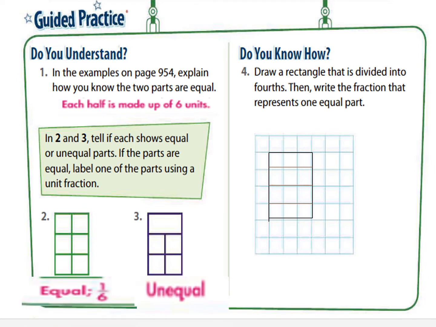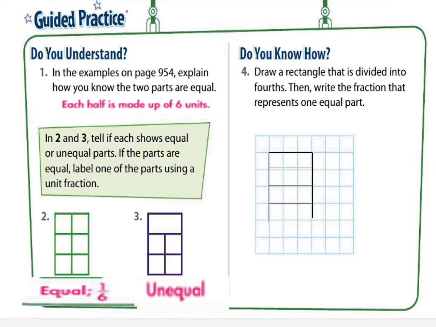Now look at question number 4. Draw a rectangle that is divided into fours, then write a fraction that represents one part. Now in the grid, you have to draw a rectangle with four parts because we have to make fours.